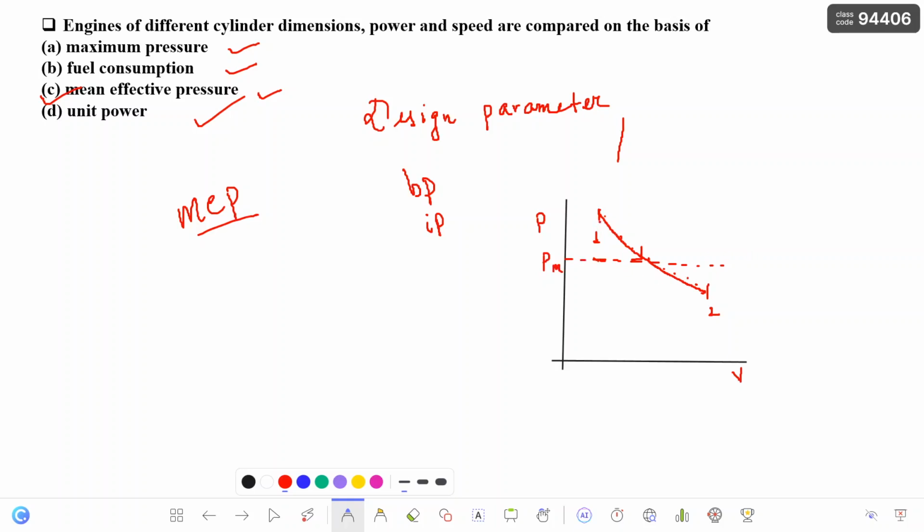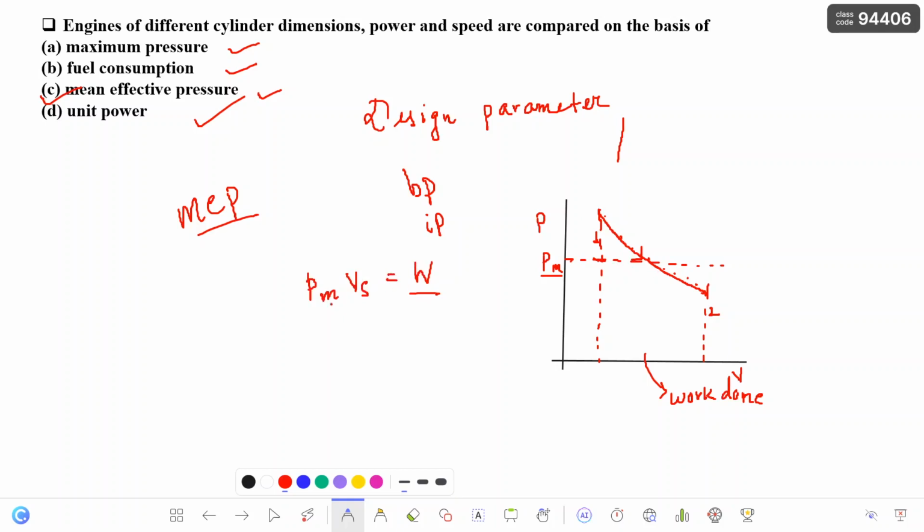So the area under PV, what do we get? In a closed cycle, what is the area under PV? Work done. Correct. So this is work done. So we choose a particular pressure in such a way that it is the average, mean as it is written, so it is the average pressure, which when we multiply this PM with the swept volume, then we'll get the work.